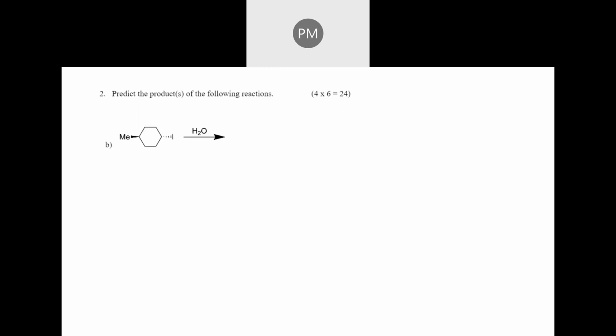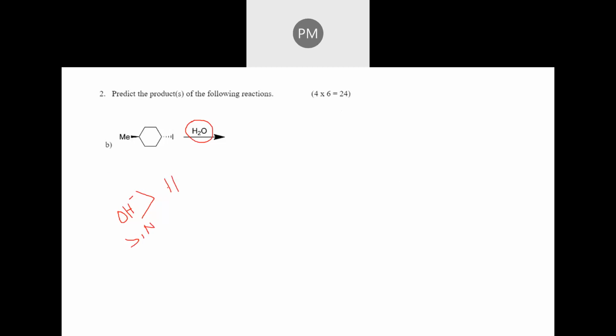Now the next problem. When water is the nucleophile, compared to OH minus, water is a very weak nucleophile and OH minus is a very strong nucleophile. So this one is a strong nucleophile and water is a weak nucleophile.